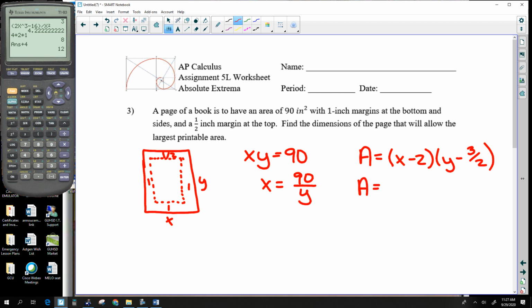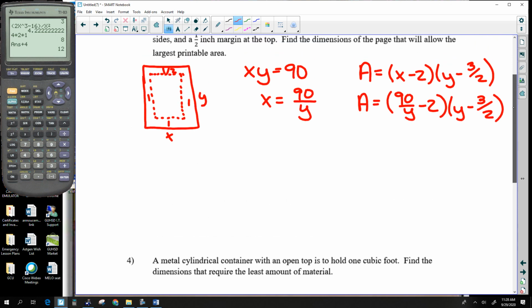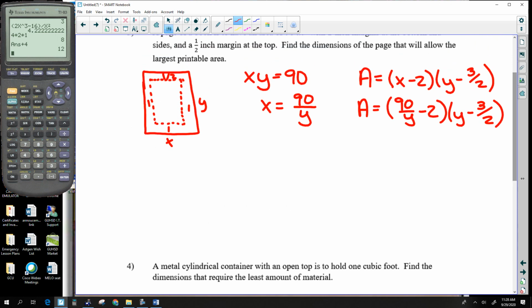So area is equal to 90 divided by y minus 2, times y minus 3 over 2. Wow, gross numbers. All right, let's take it from here. The first multiplication is 90 over y times y, so that's just going to be 90.